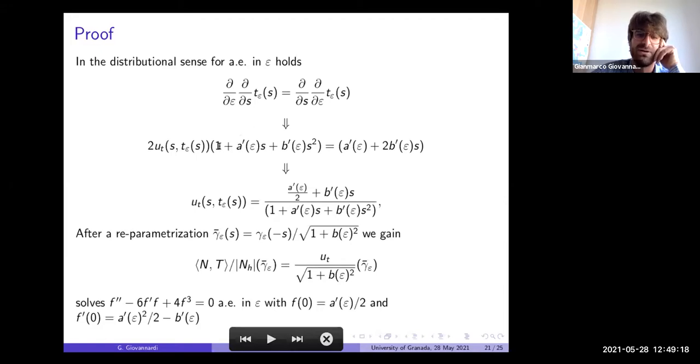If you remember, this was epsilon plus A epsilon s, so we are taking the derivative with respect to epsilon. On the other side of the equality, we consider the first derivative with respect to epsilon, and then we compute the derivative with respect to s, so we obtain this factor.